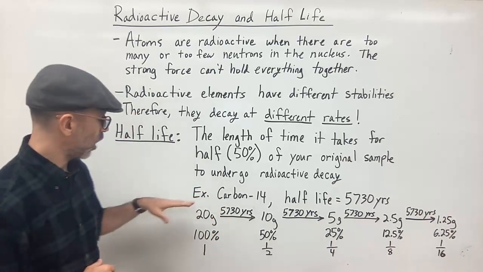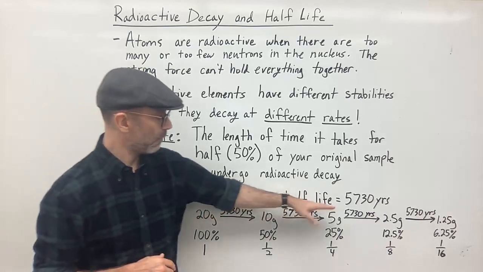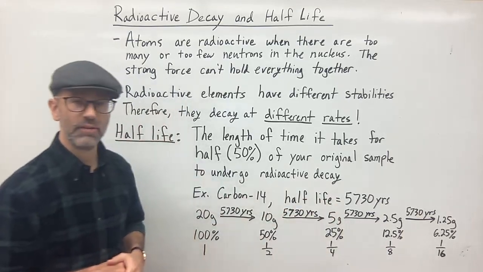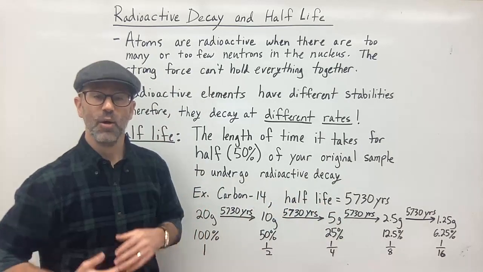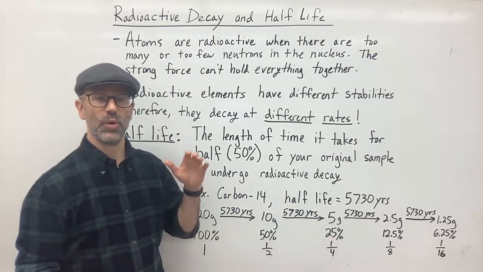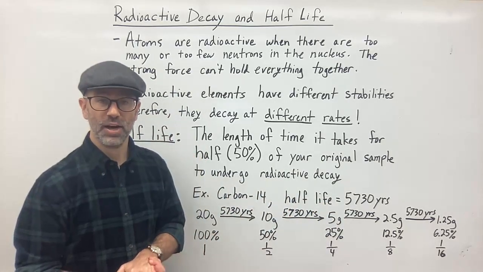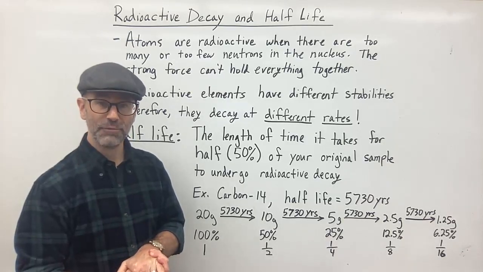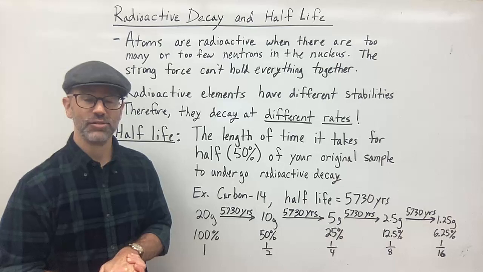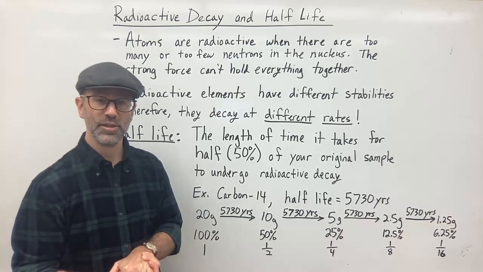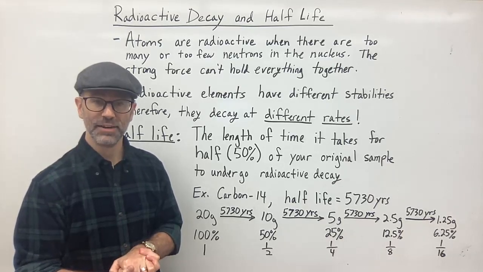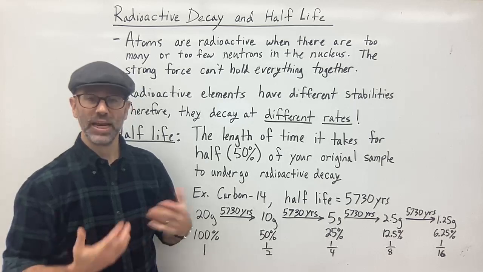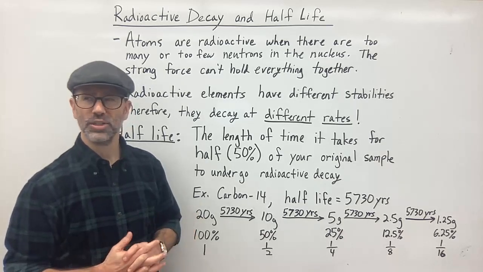For example, carbon 14 has a half-life of approximately 5,730 years. What that means is if I start with a certain amount of carbon 14, after the half-life, or after 5,730 years, I will only have half of it left, right? But uranium 235, or is it 238?